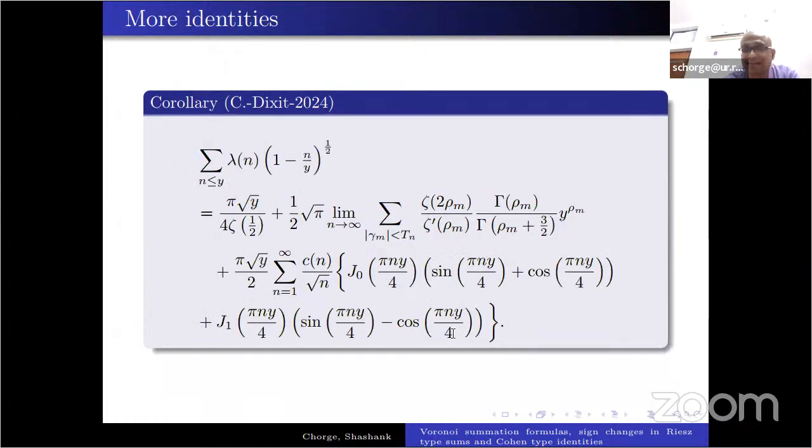And if we use a Riesz type function like this, we get another identity. In the paper we derived even more identities, but I did not want to include all because it would be just a series of identities. It is better to show some of the interesting looking ones.